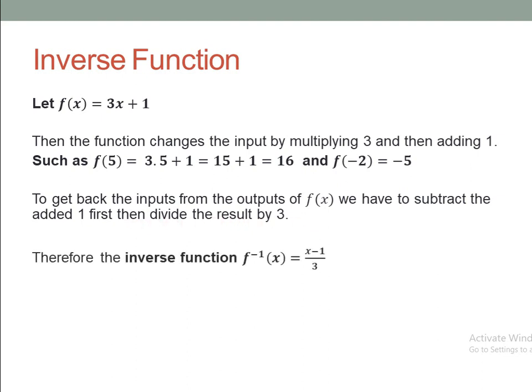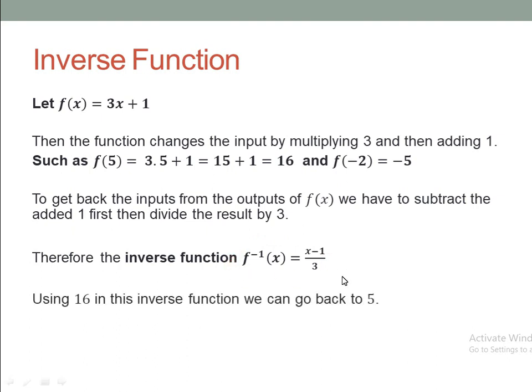What does it mean? If we want to get the input back, then we will use this function: x, any number, subtracted 1, then divided by 3. This function is going exactly opposite to this function. This is why this function is called inverse function.